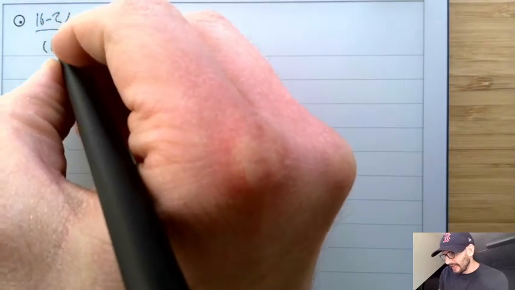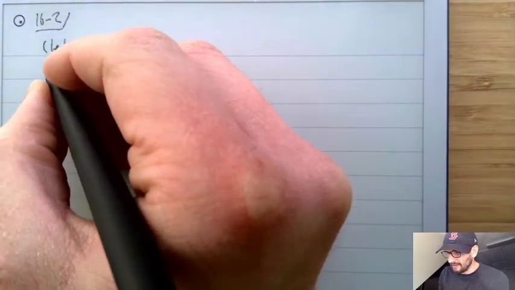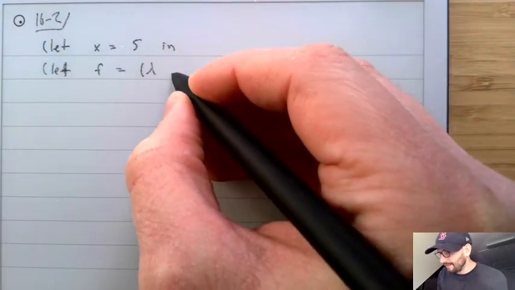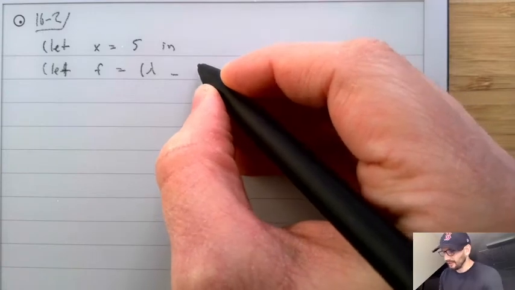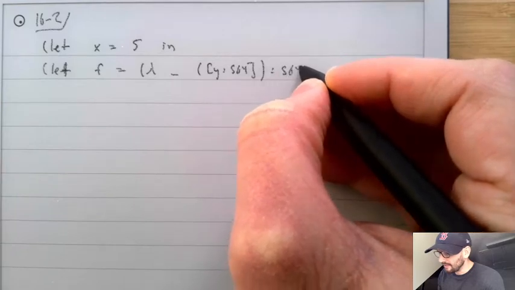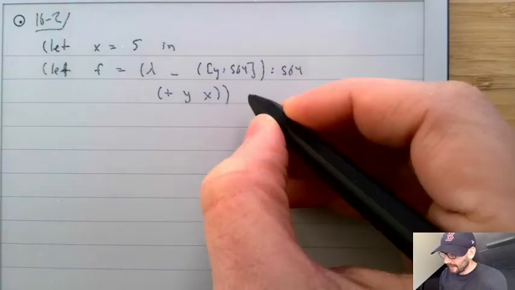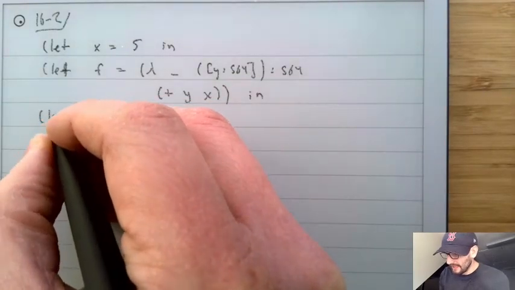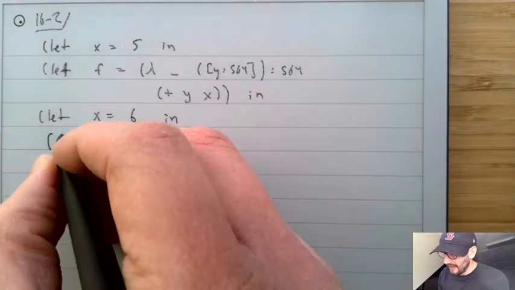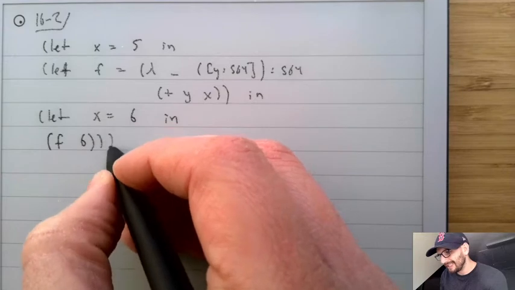Suppose we had let x equal 5 inside of let f equal lambda, where there's no return thing, and then we have a y, which is an S64, and we return an S64, and what we do is a plus of y and x. Close the lambda, and then we have this inside of let x equal 6, inside of f applied to x. We close the application, close the first let, second let, third let.